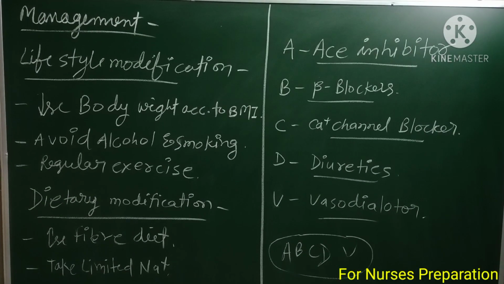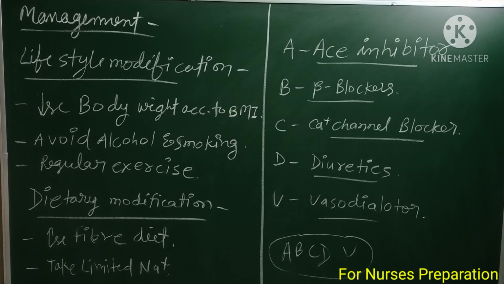Now let's talk about the management of hypertension condition. We can manage hypertension by three interventions: lifestyle modification, dietary modification, and pharmacological interventions. In lifestyle modification, we encourage the patient to control his body weight according to body mass index.